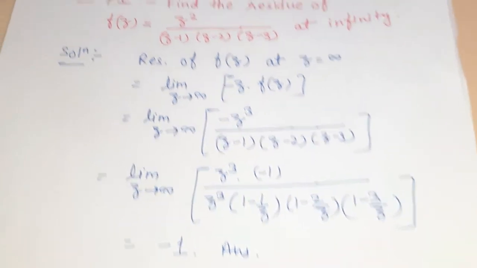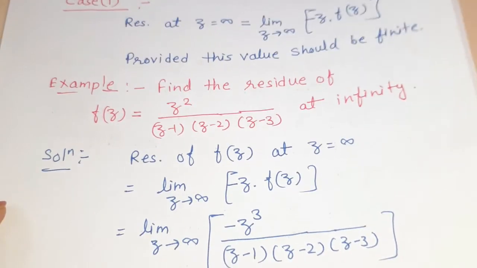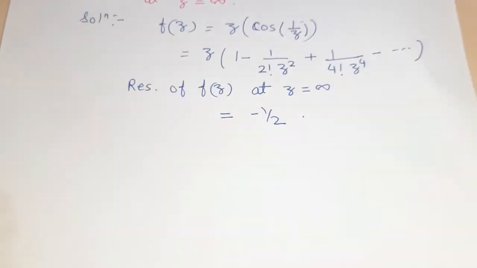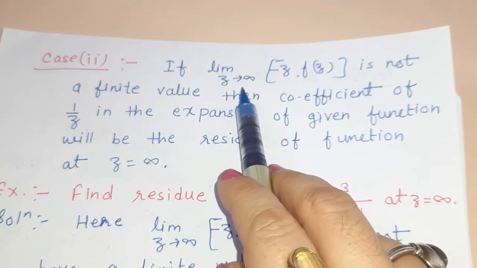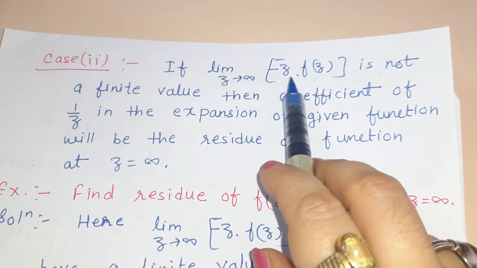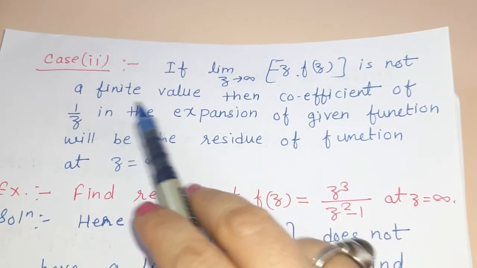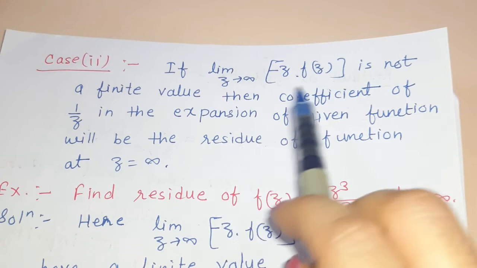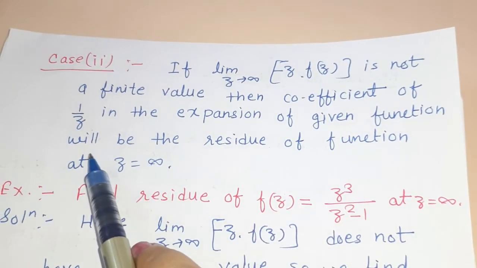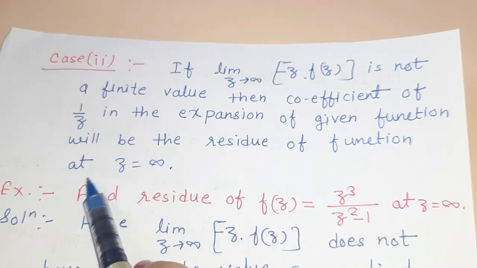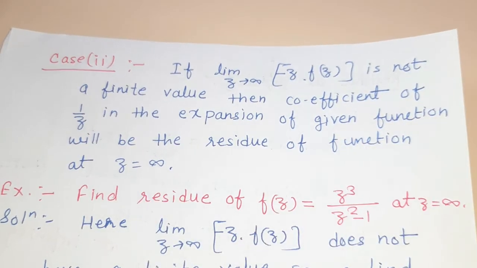Now we see the second case. If limit z tends to infinity of minus z into f(z) is not a finite value, then the coefficient of 1 by z in the expansion of the given function will be the residue of the function at z equal to infinity.